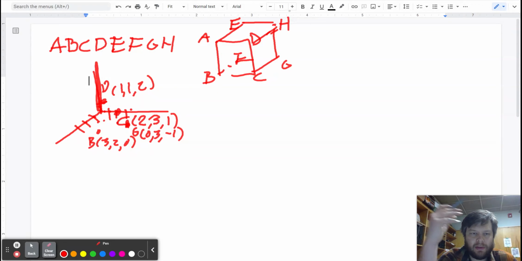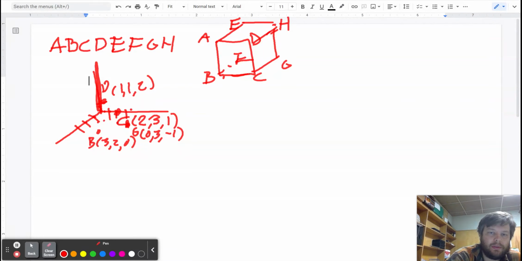So I guess we have enough information to figure out, for example, what coordinate A would be.